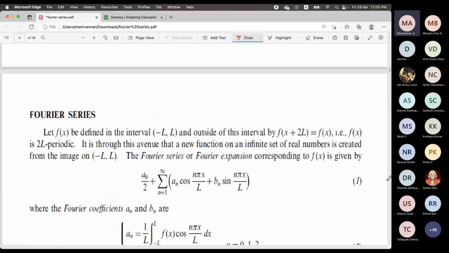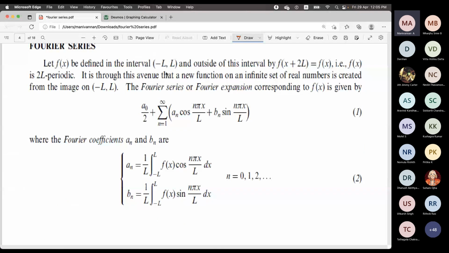So what is a Fourier series? Suppose I assume an interval minus L to L. On this interval the function is defined, and outside of this interval it maintains periodicity.